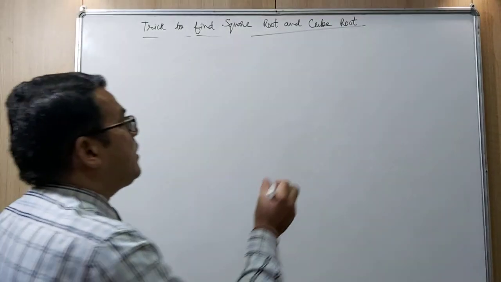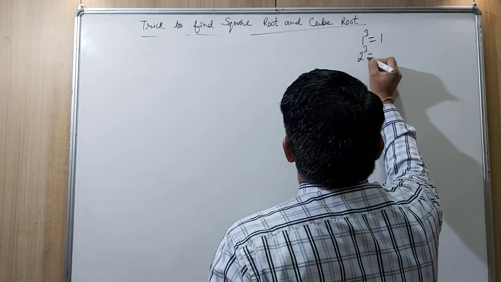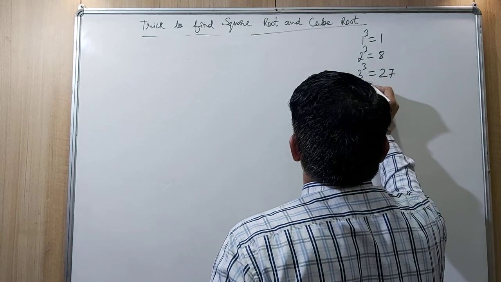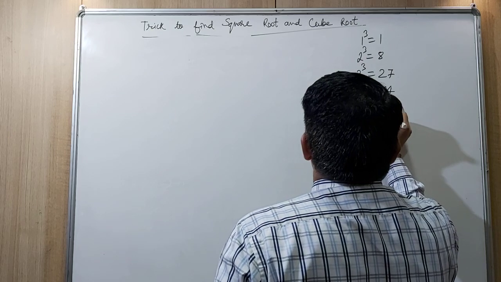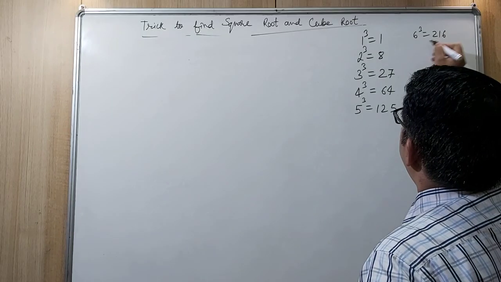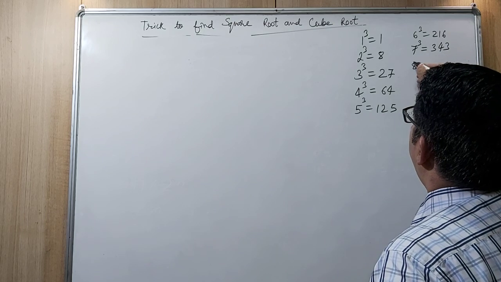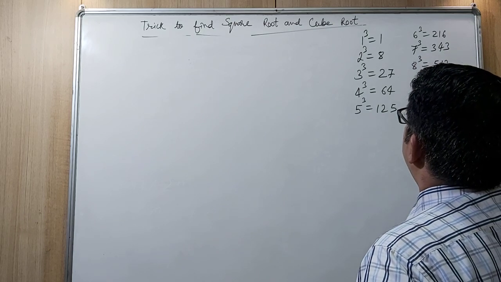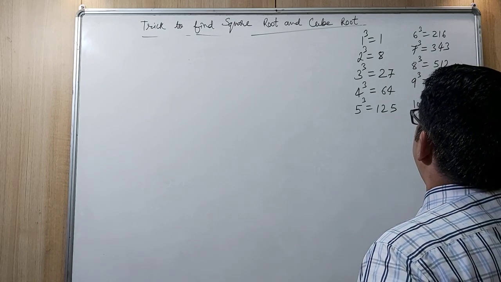I am writing cubes here first. Cube of 1 we know is 1, cube of 2 is 8, cube of 3 is 27, cube of 4 is 64, cube of 5 is 125, cube of 6 is 216, cube of 7 is 343, cube of 8 is 512, cube of 9 is 729, and cube of 10 we all know is 1000.